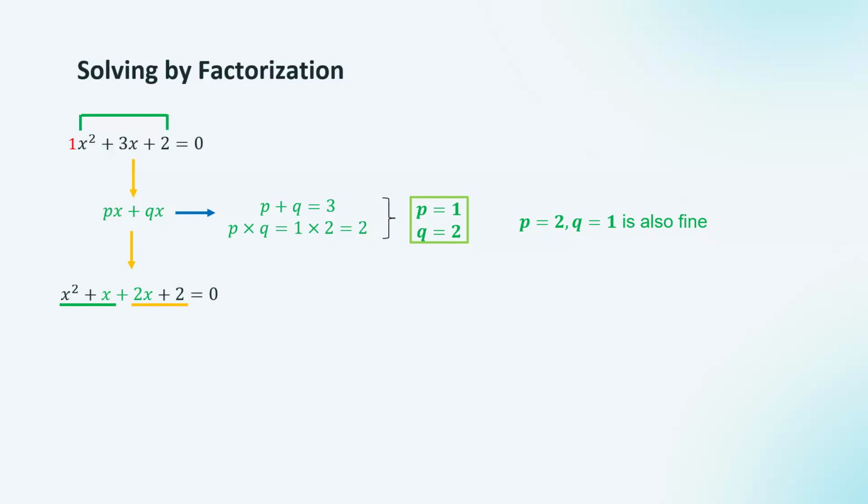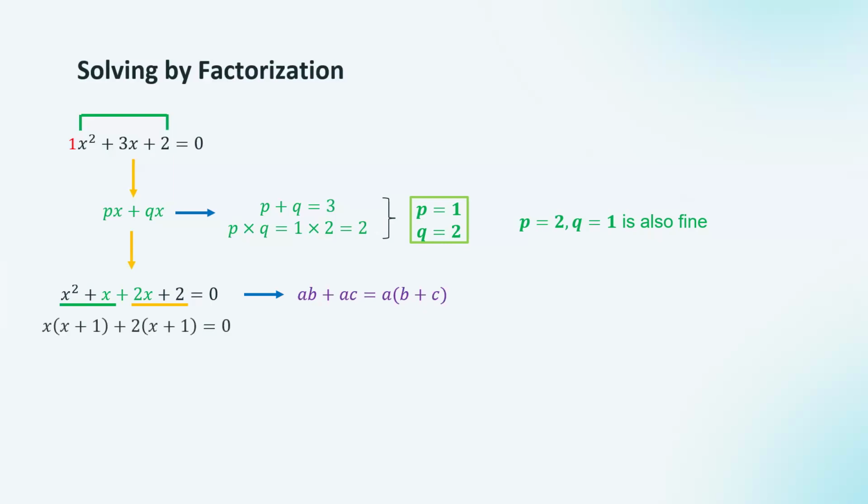As you can see on the green part, x squared plus x, we have a common factor, which is x. And we can use this theory which we learned in primary school: a times b plus a times c, you can take out the a, which is the common factor, so a times b plus c.